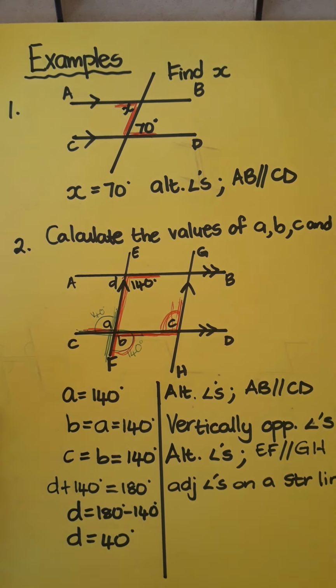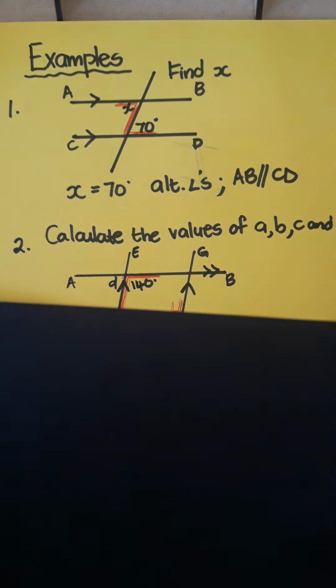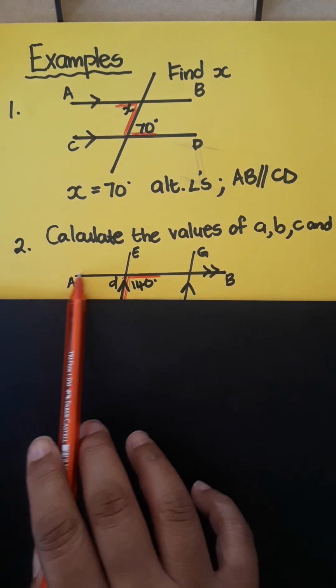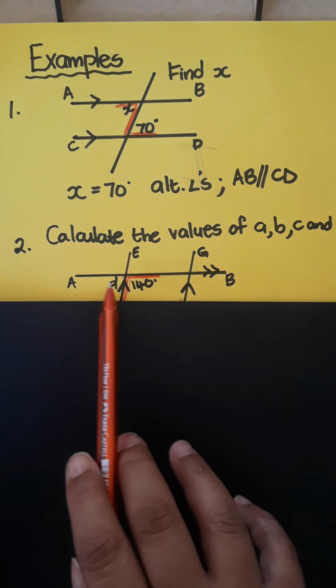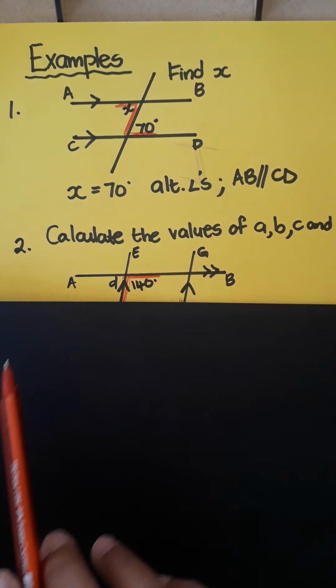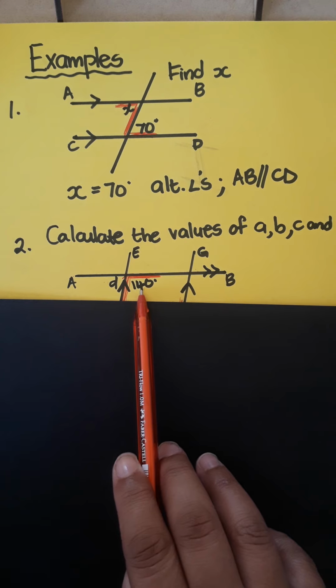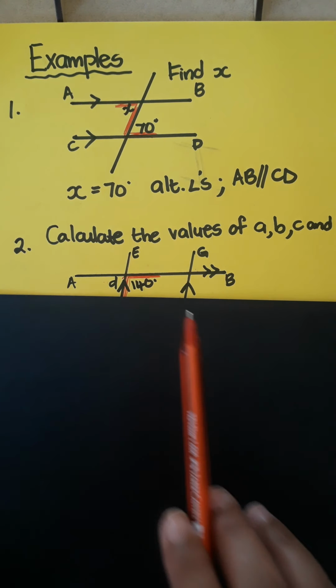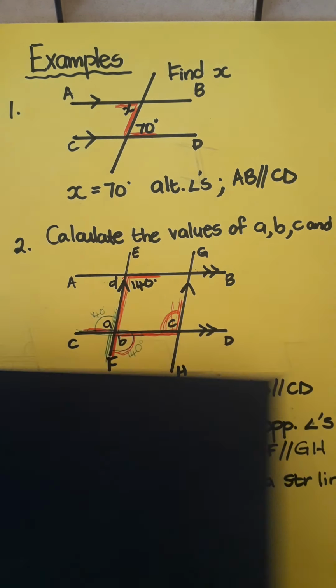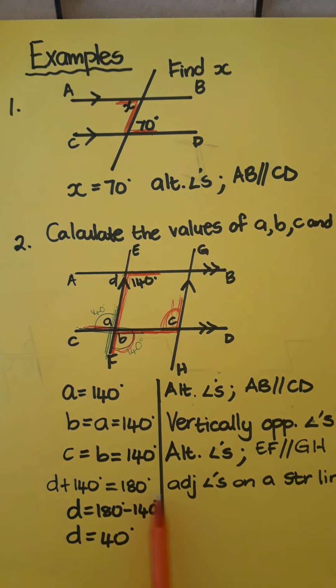Now the last one to find is D. There's D up there. I'm going to just block out the rest of the angles. Can you see that AB is a straight line? These two are adjacent to each other. So therefore, D plus 140 degrees would be equal to 180 degrees. Remember we spoke about that the other day?